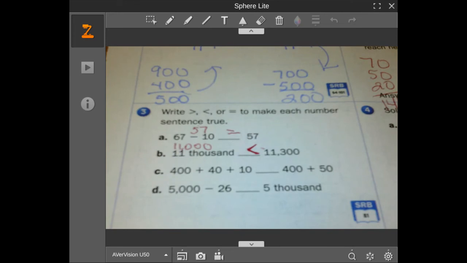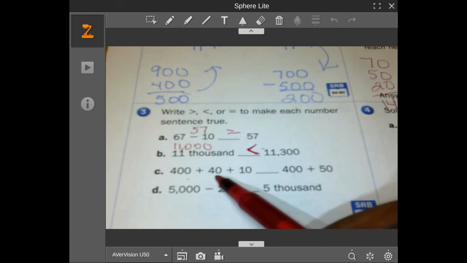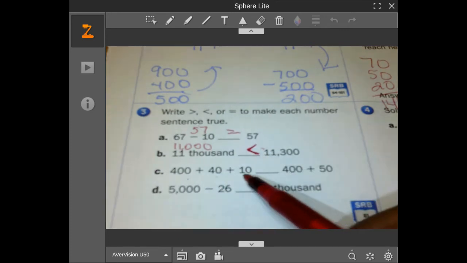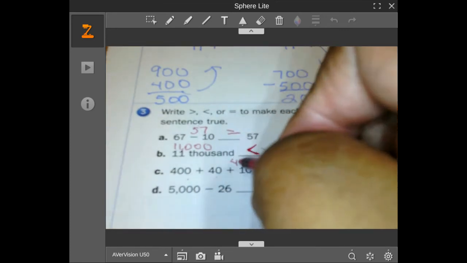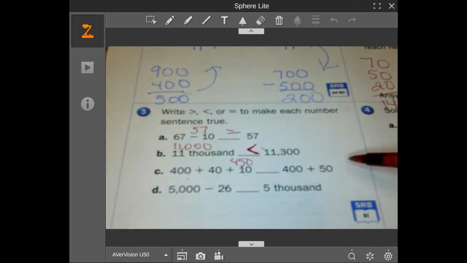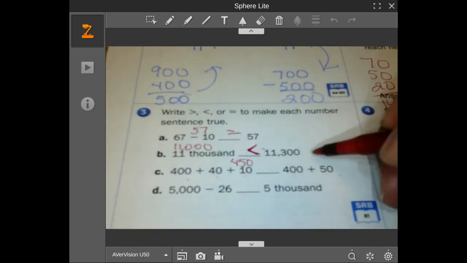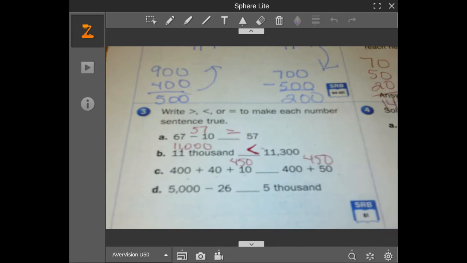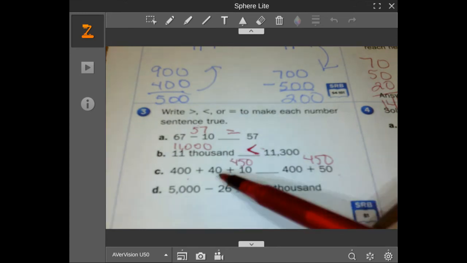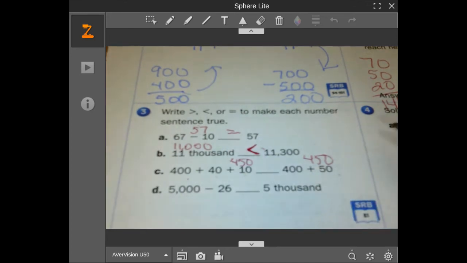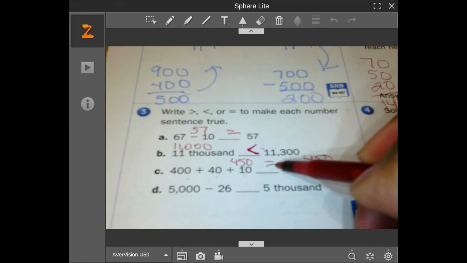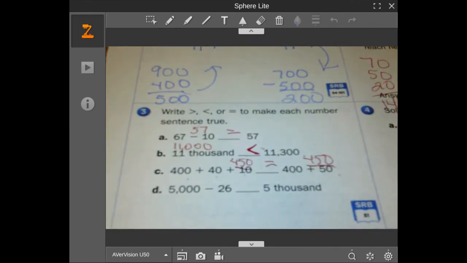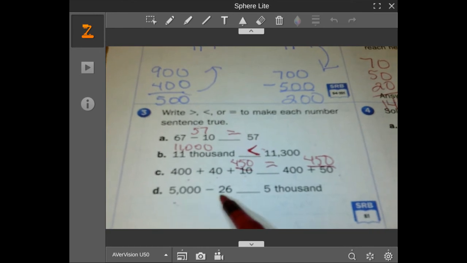400 plus 40 plus 10. Let's solve it. 400 plus 40 equals 440 plus 10 equals 450. So I'm going to write that to remind myself. And 400 plus 50 equals 450. So is that less than, greater than, or equal to? Yes, it's equal to. It's the same. 450, 450. Let's look at D. 5,000 minus 26.